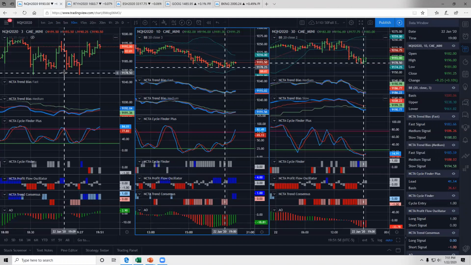I'm just super thrilled with the New Cycle Trading and Analytics chart, profit flow analytics set of signals, and I'm particularly excited about the Cycle Finder Plus. I'm super excited about the Profit Sweet Spot Matrix, which we at Options Moneymaker created to help you better assess historical data and use that in your decision making.